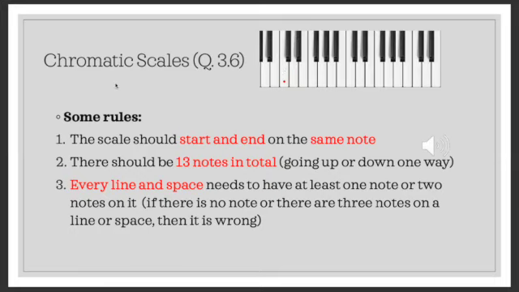The last tip that I have is that if you have a chromatic scale in a difficult clef, for example a tenor or alto clef, a clef that isn't your strongest clef, then either be extremely careful or write out all the note names underneath the notes.